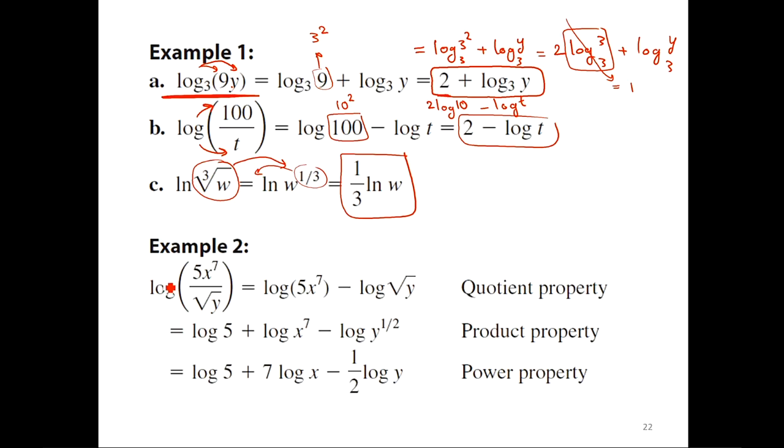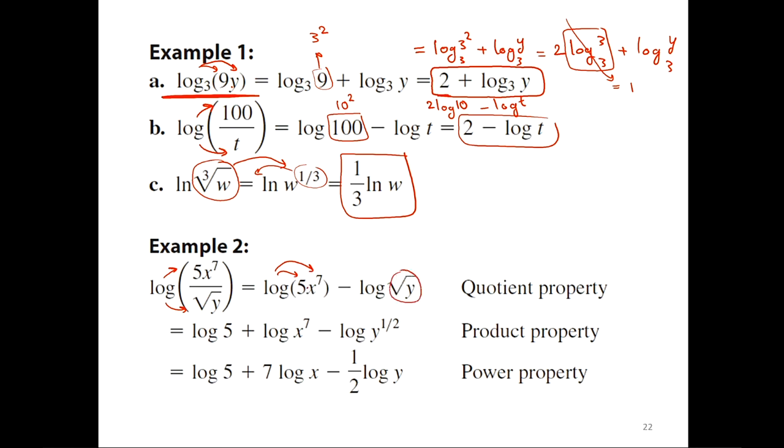Look at this also. We can distribute the numerator and denominator. So we have log of 5x to the power 7 minus log of radical y. And distribute: log 5 plus log x to the power 7, because this is a product.